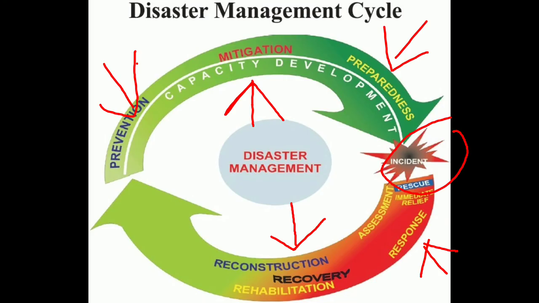So first of all, we need to understand what the disaster management cycle is, and then we can know how to create a disaster risk reduction plan. Now if we go through this picture, which was downloaded from the NDMA website, the National Disaster Management Authority, the first step is prevention.